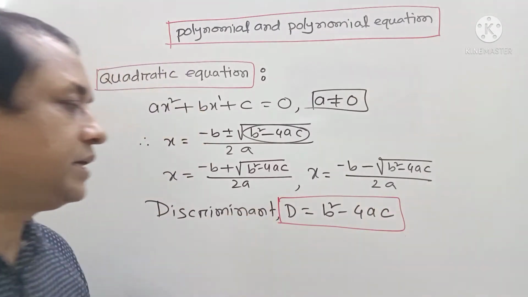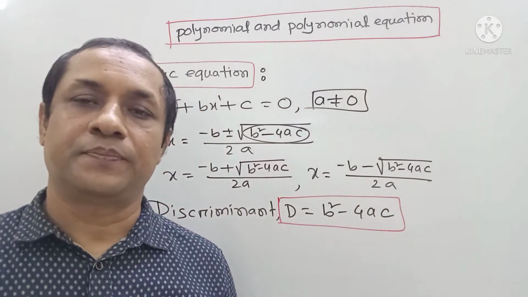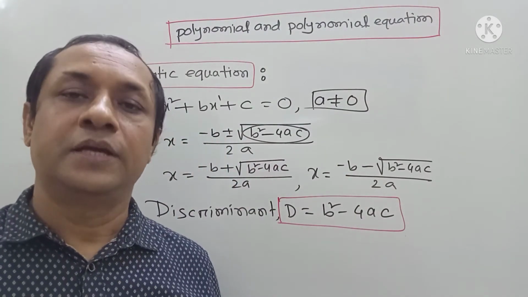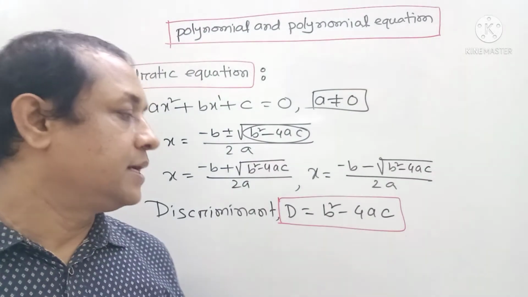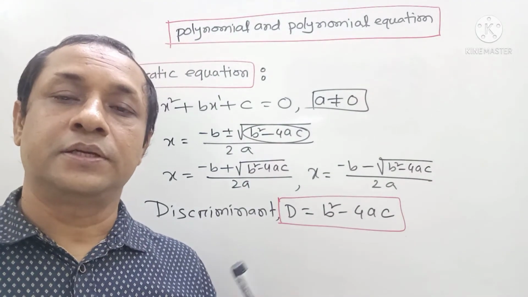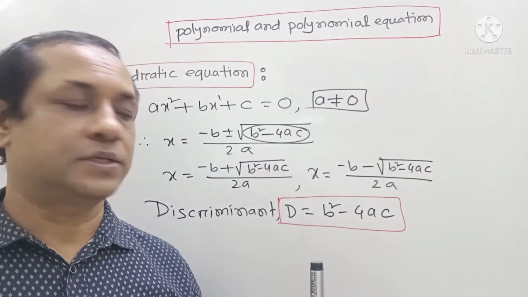It is very important. Here a is the coefficient of x square, b is the coefficient of x, and c is the only constant. So there are two roots of the equation.